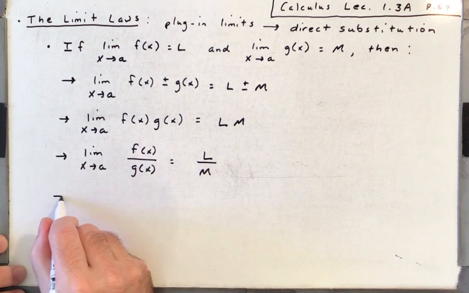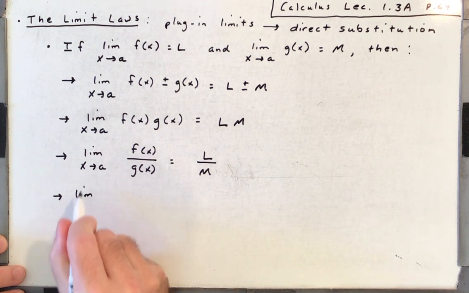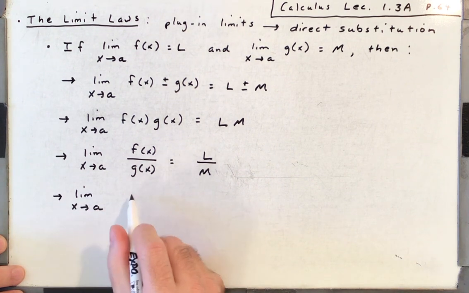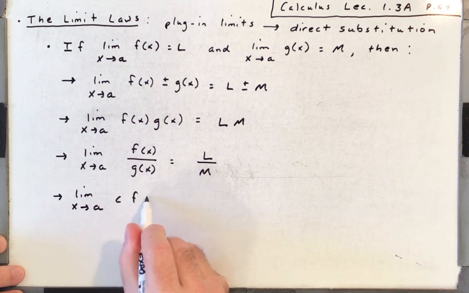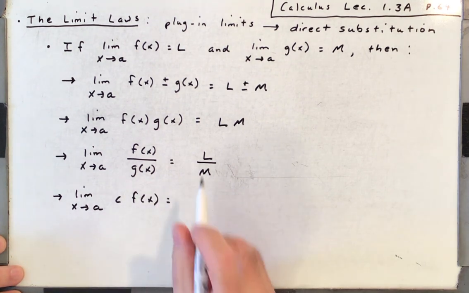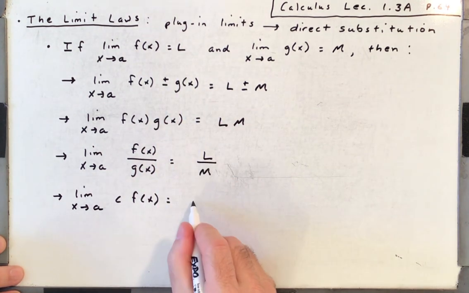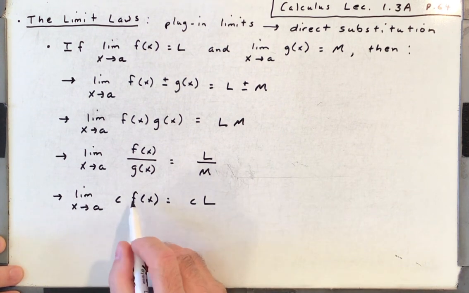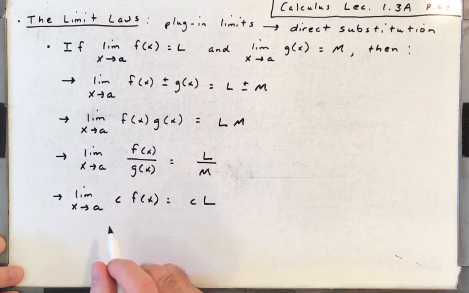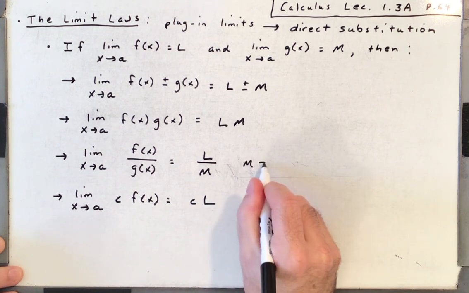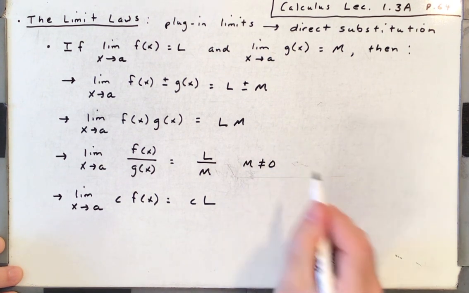All right, the limit as x approaches a of some constant times f of x, you just take that constant and multiply it by the limit of f of x. So that's just going to be c times L. And if it was g of x, it'd be c times m. And on the previous one, by the way, we do have to put a condition: m cannot equal 0.